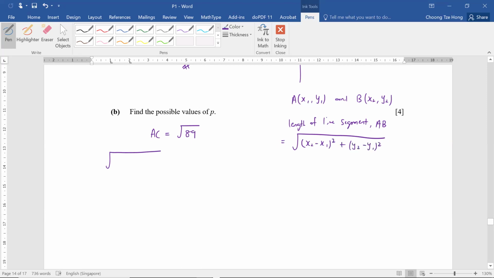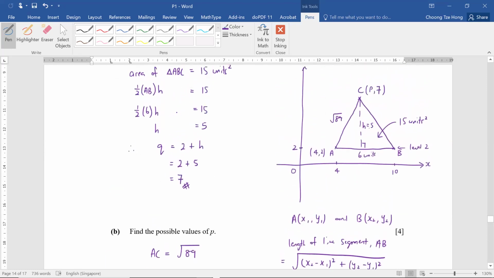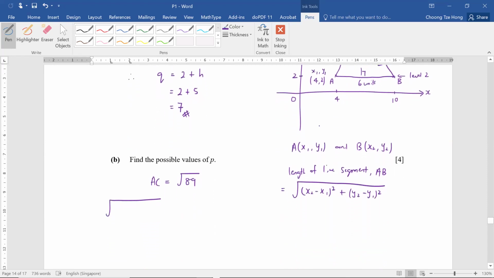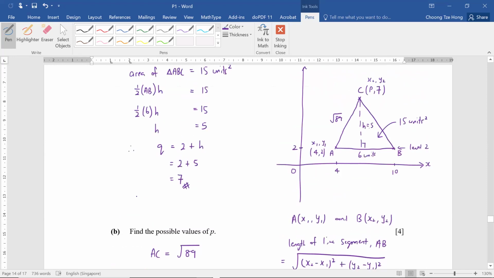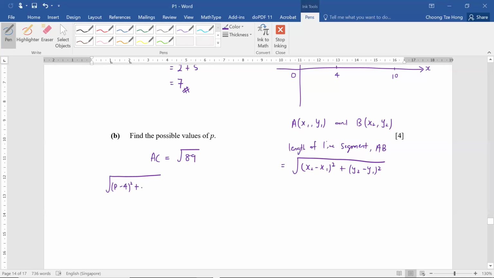Now the 2 points that we are interested in will be C and A. So let's call this X2, Y2, X1, Y1. So X2 minus X1, so P minus 4 square, plus 7 minus 2 square, will give us square root 89.